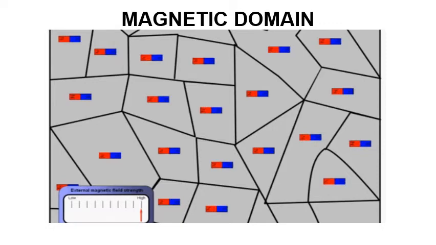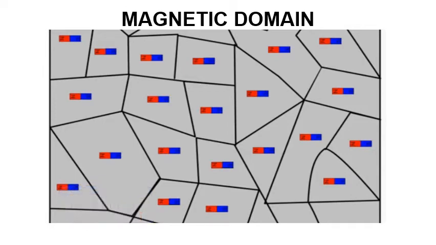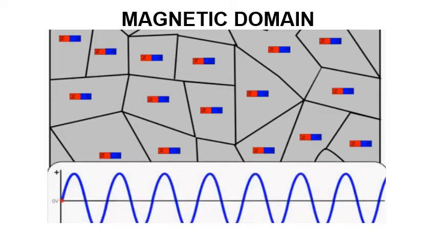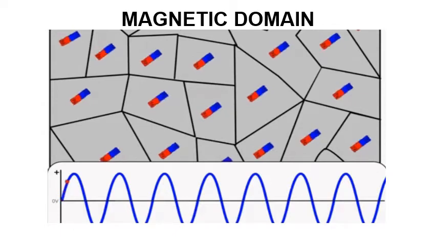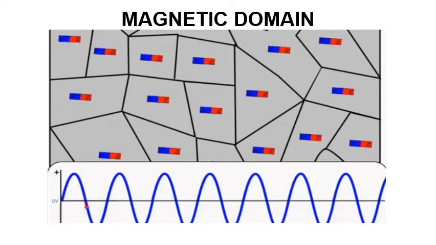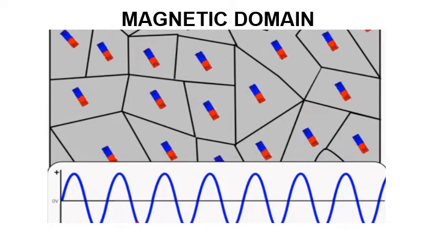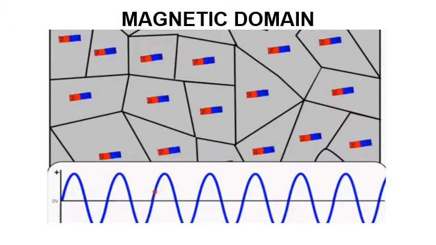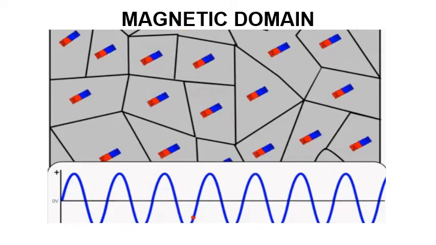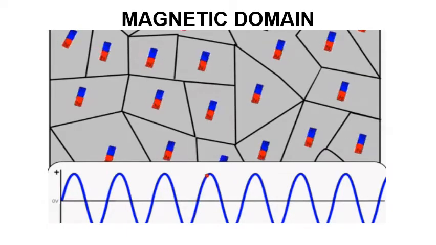If these electrons are influenced by an external field, they align themselves in a specific direction, for example, using a DC source. If these domains are influenced using an alternating current source, they may also be rotating or changing their directions as that of the alternating current. And this is what we talk about as the magnetic domain.